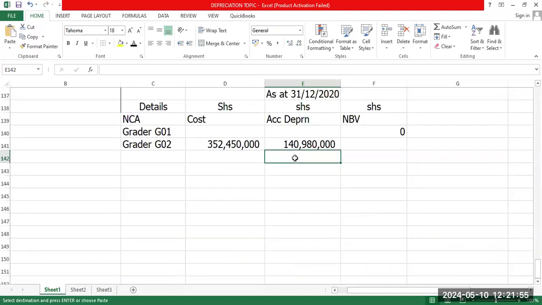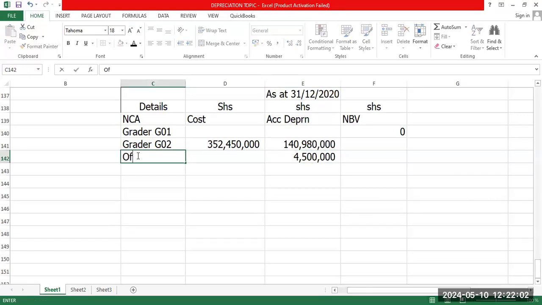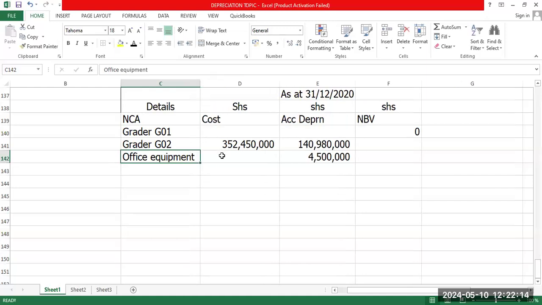For office equipment, we have this. This is office equipment. Office equipment, what was the original cost?